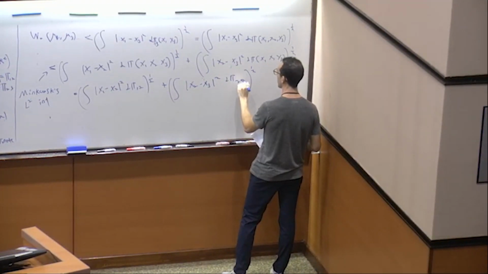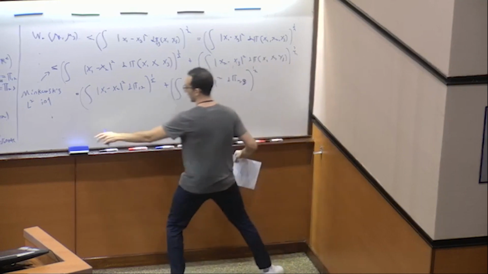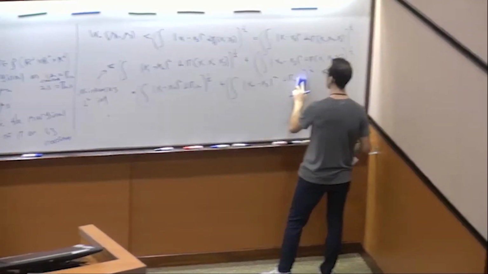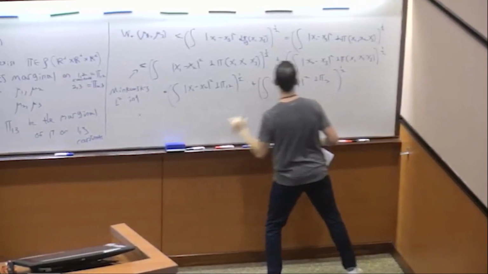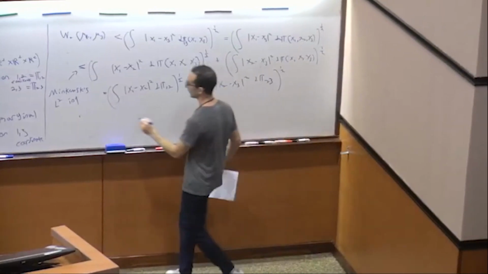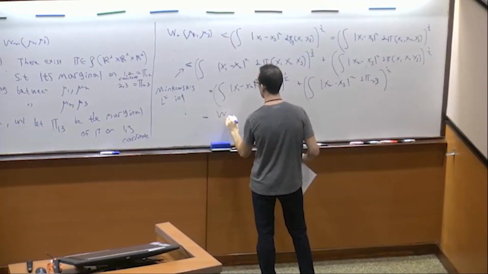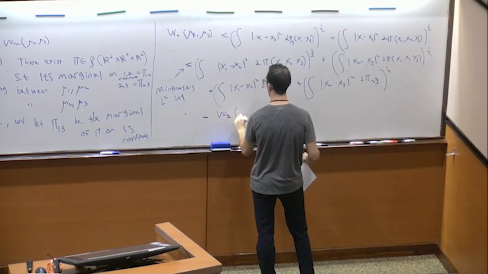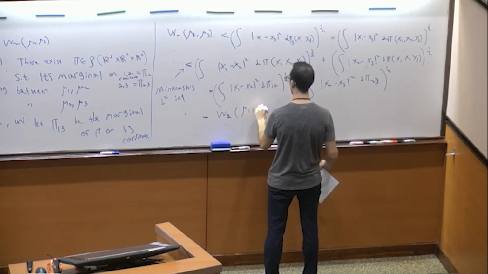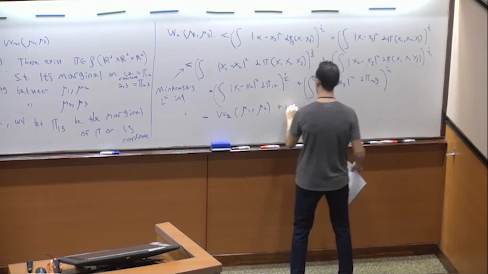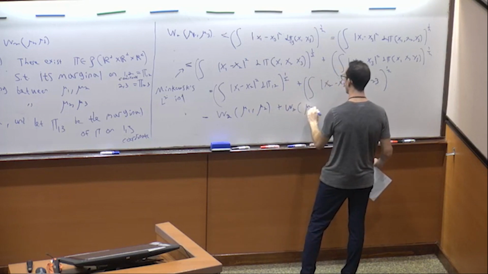But remember that by assumption, these were actually the optimal couplings. So therefore, it's equal to W2 mu1 mu2 plus W2 mu2 mu3.